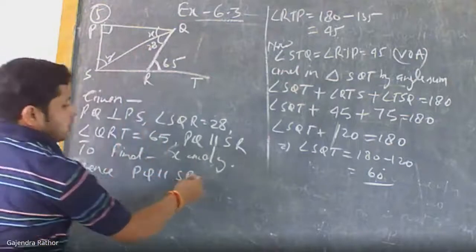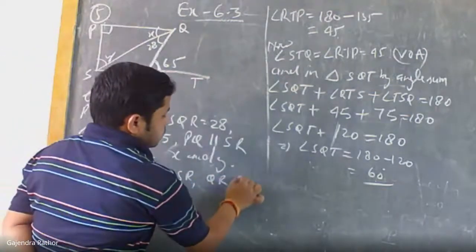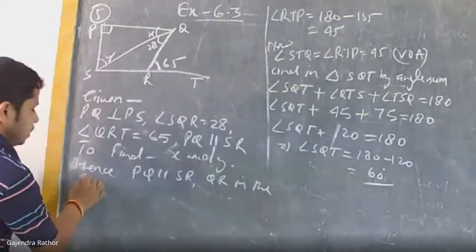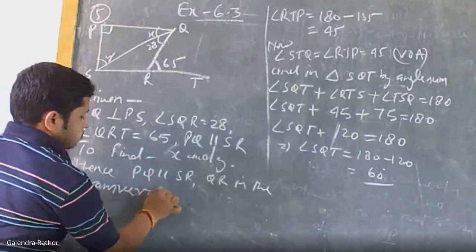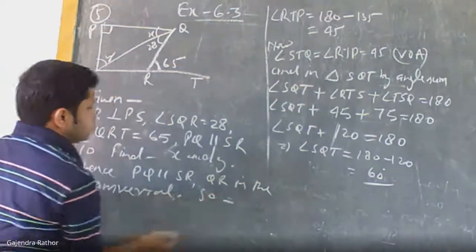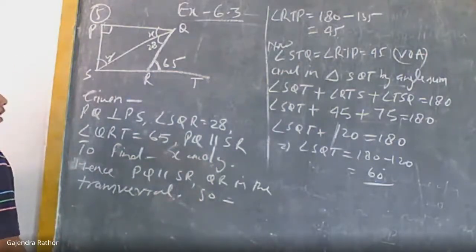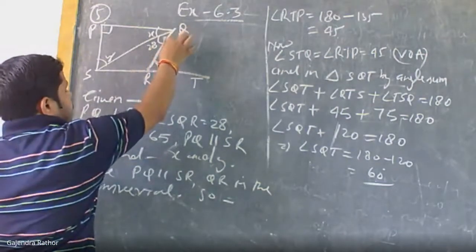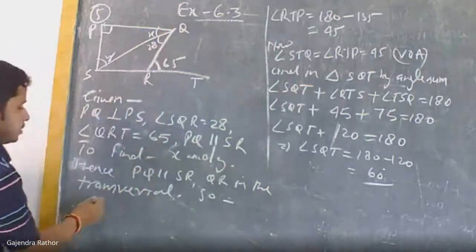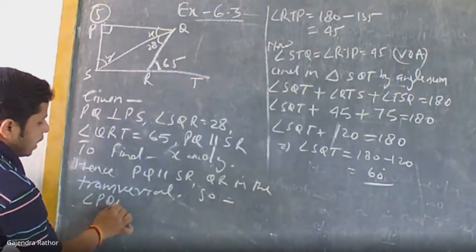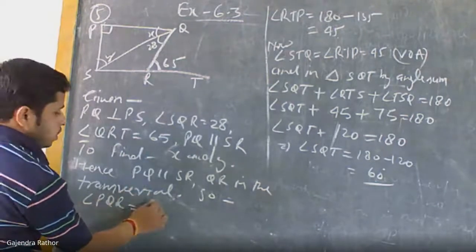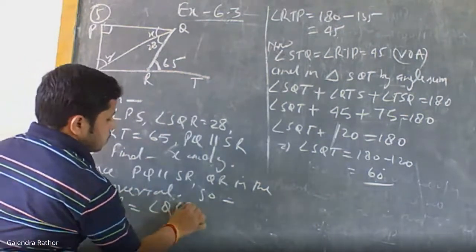QR is the transversal. So there are two alternate interior angles. Angle PQR is equal to angle QRT.